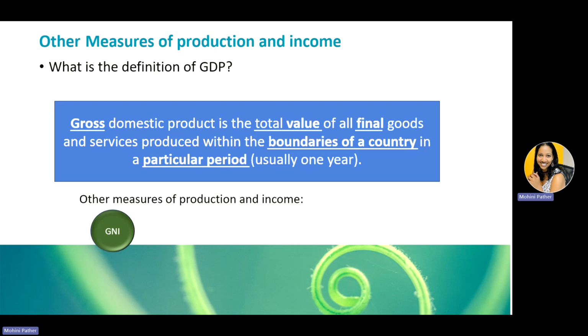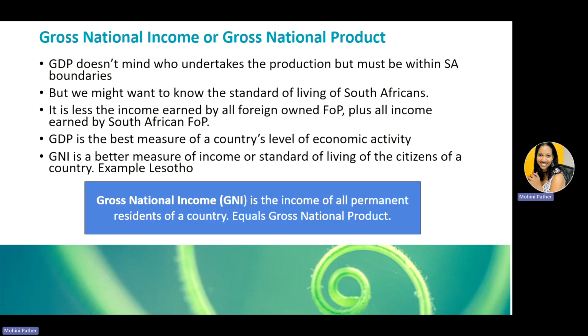You also would note that we either have a gross domestic or a gross national. So here are other measures of production and income: gross national income, gross domestic expenditure, gross national product.